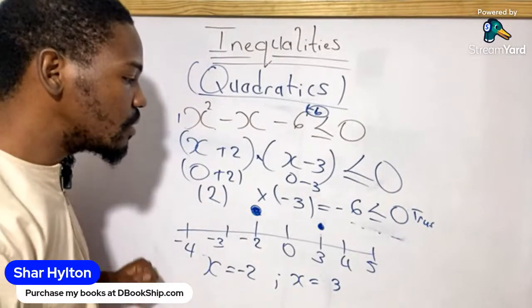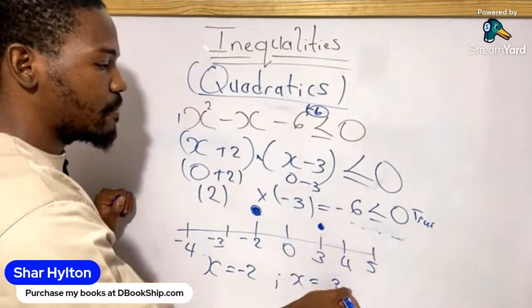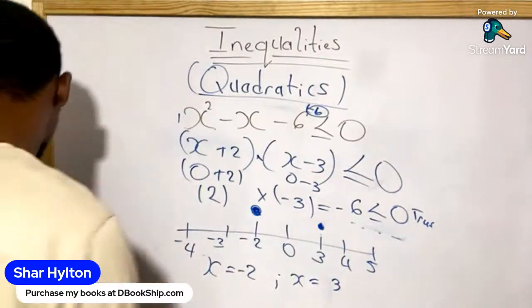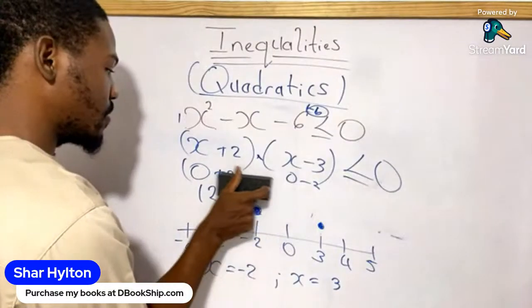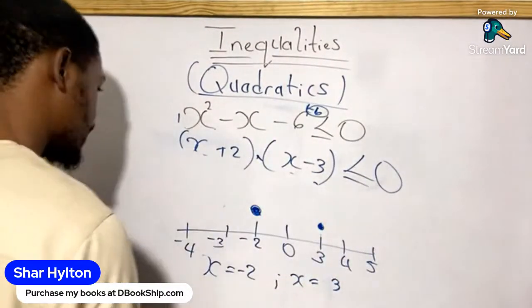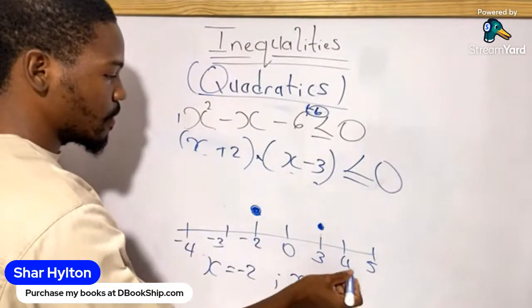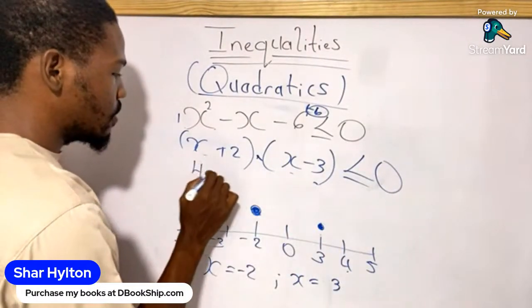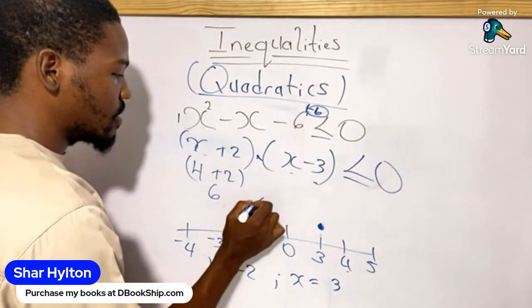So we can also test other numbers as well. We can try putting 4 in. So 4 plus 2 is going to give me 6, right?